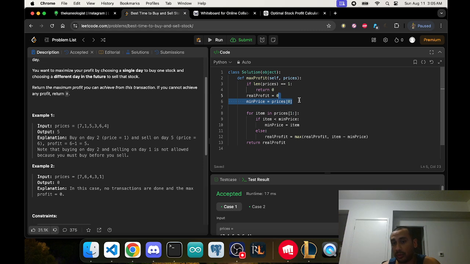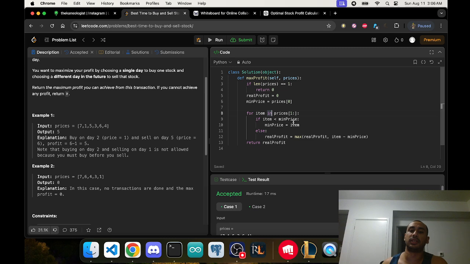If it's more than 1, then we have to keep track of our profits. We can start by keeping track of our minimum price, which is going to be the first element. So anything after that first element, basically in this array, the prices array, is going to be min price equals item. So if the item's less than min price, then we swap it.